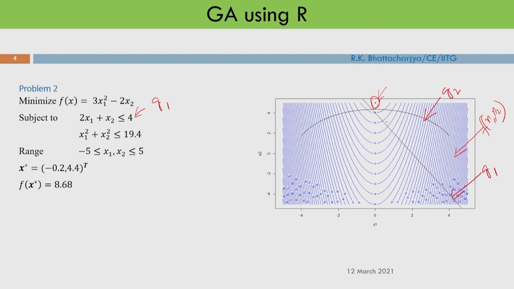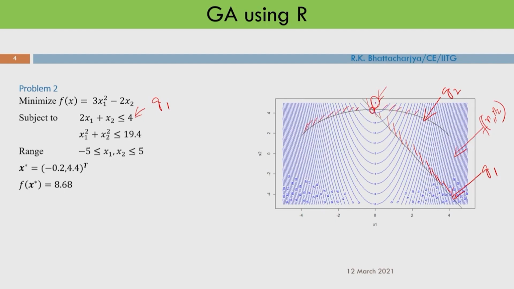Any solution in this particular region will be infeasible, so the earlier solution is not feasible, because it violates the constraint, and I need to find the constrained solution of this problem.